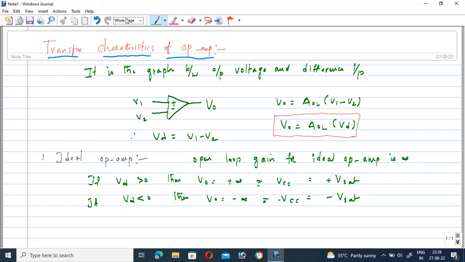Therefore, based on this, I will draw the characteristics for the ideal case.